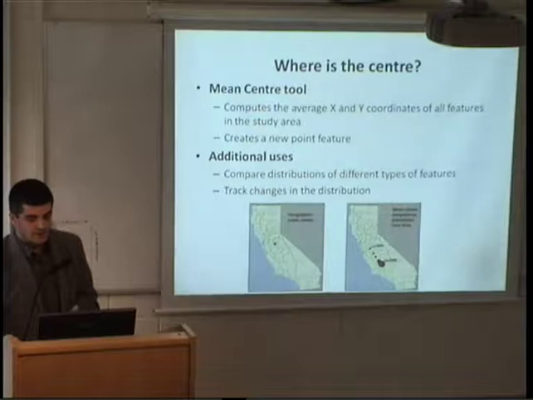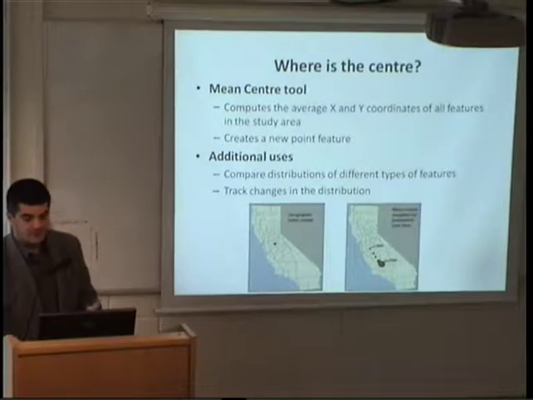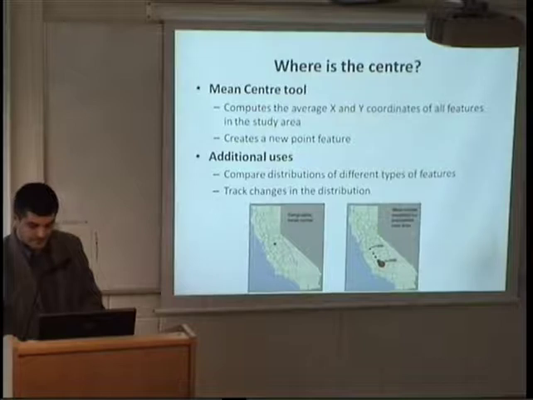In the second map, you can see the region of California in the United States, and it shows the change of the population center from 1900 till 2000. You can see that in 1900, the population center was really in the central part of California, but during 100 years it moved to the southern part of California.